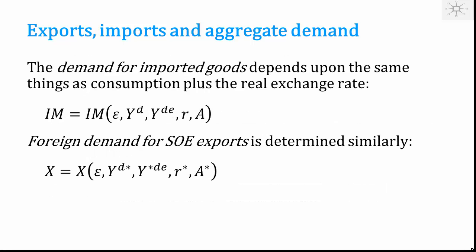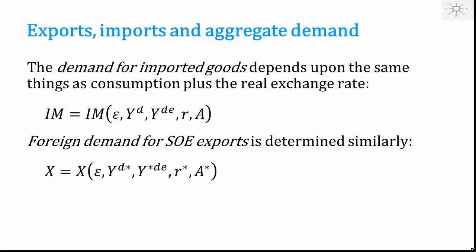And then we need a function for imports. And here it's quite natural that, well, imports, if you import goods for consumption, then the imports will depend on the same things as determine consumption. And that is disposable income, expected future disposable income, the real interest rate, and the amount of assets that the households have.